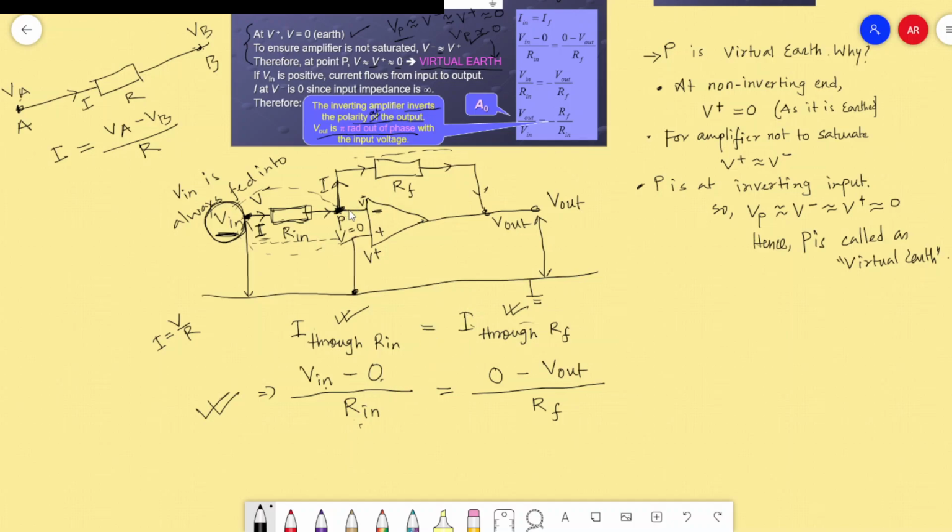And the same current flows through the feedback resistance. No current can enter into the op-amp because the op-amp has infinite input impedance in its circuitry. No current from the outside can enter into its internal circuitry. So this entire current flows through the feedback resistance.